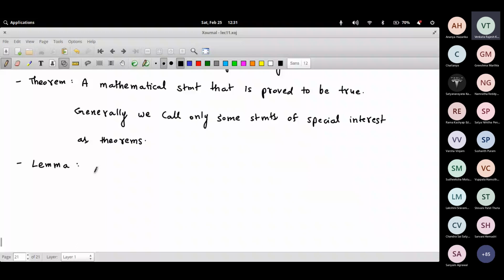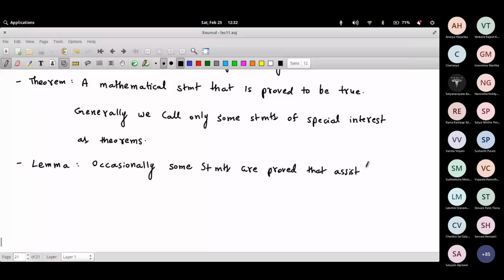So what is a lemma? Occasionally, some statements are proved that assist in the proof of others.